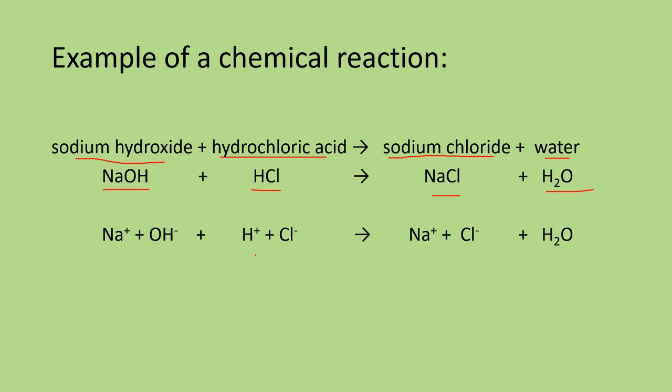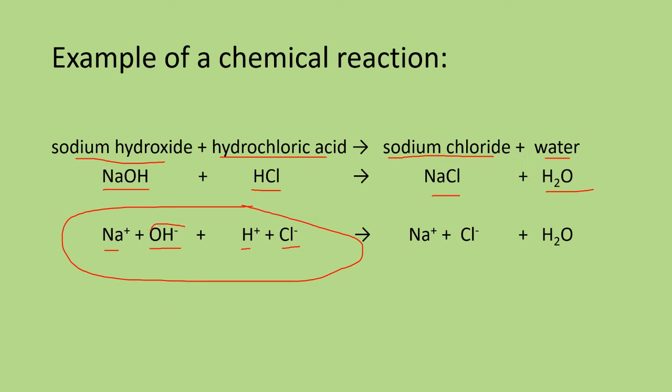Now, I just wanted to break those ionic substances down, because when we have sodium hydroxide, usually we have it dissolved in water. So the ions are actually separated. So we've got sodium ions and hydroxide ions, hydrogen ions, and chloride ions. So these are all together. So we've got them dissolved in a solution in our beaker that was with a whole lot of water.